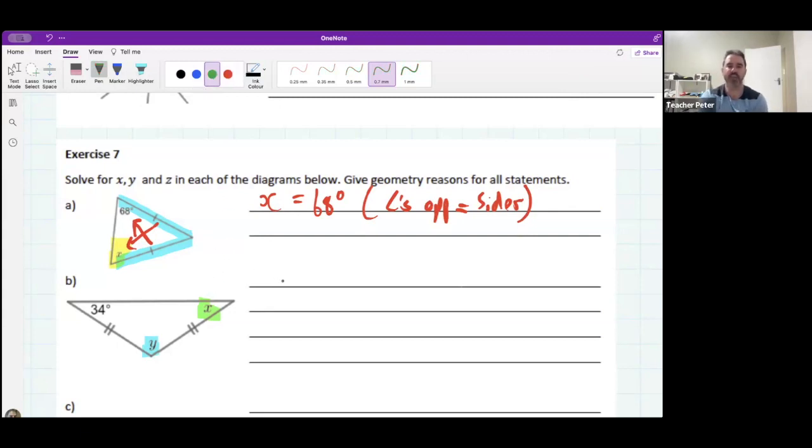Now for B, you need to find me what X is, and you also need to find me what Y is. And if possible, to do the reasons as well. So off we go, see what you can do.